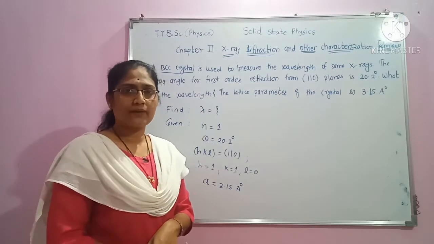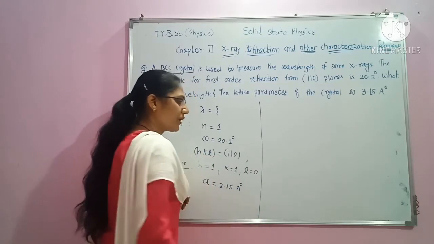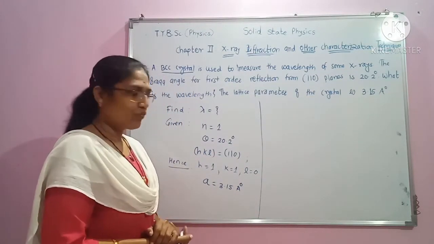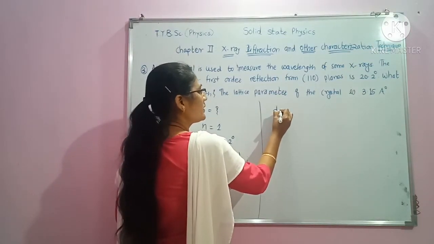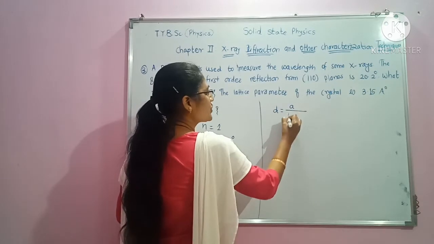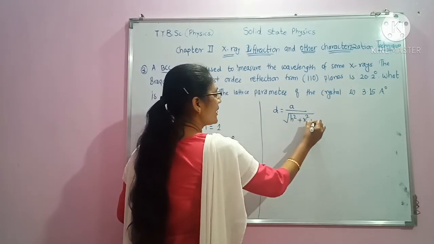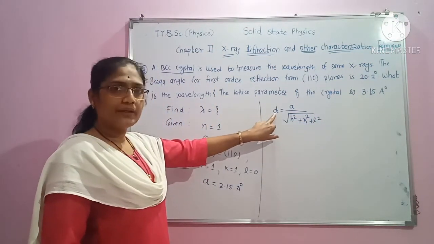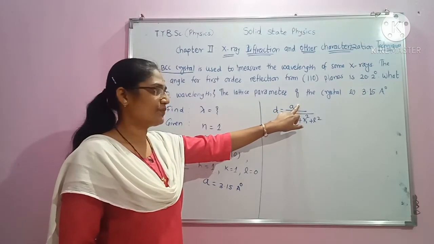As we know, in this chapter we have seen two formulae. The first one is d is equal to a upon square root of h square plus k square plus l square. That is the relation between interplanar distance and the edge.